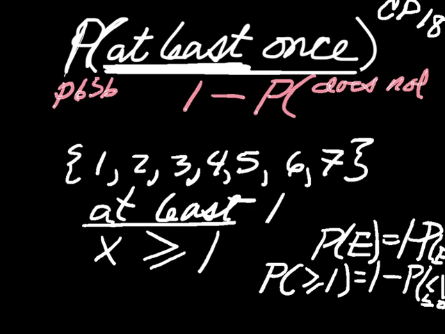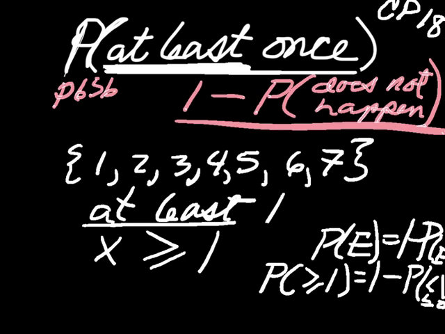Or in other words, it happens 0 times. Okay? And if I said at least 5, then it's 1 minus the probability that greater than or equal to 5 doesn't happen, which means it has to be less than 5, or if you wish, less than or equal to 4. So this is the formula that we want to use.